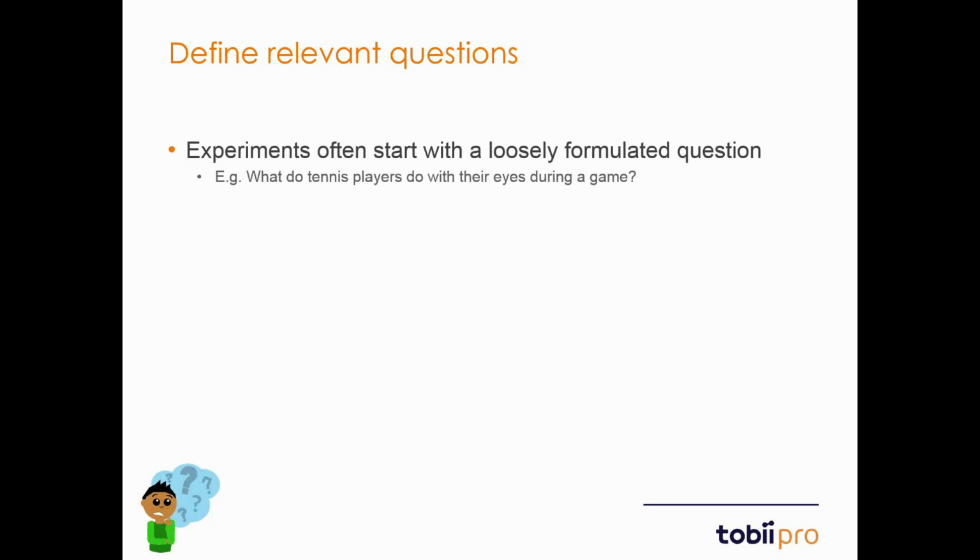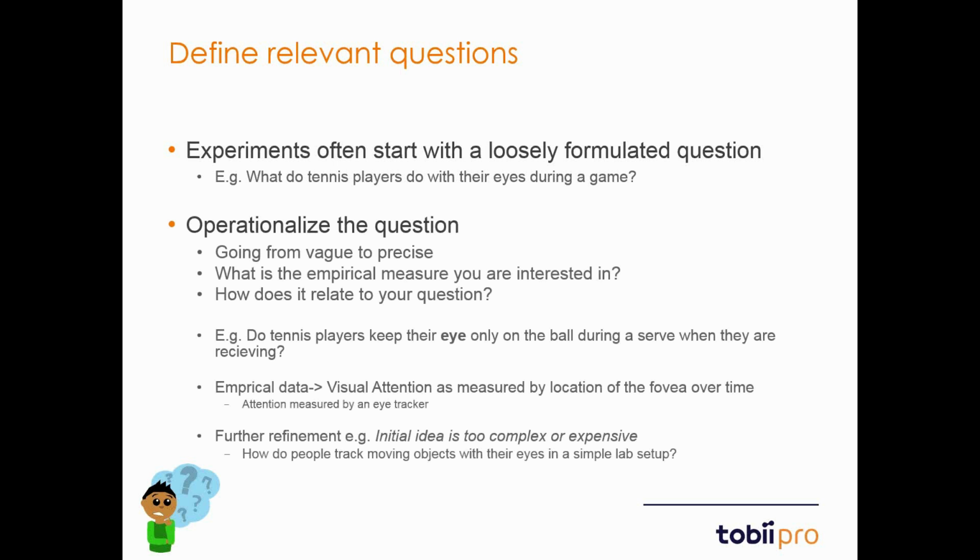Other times it might be motivated by prior research, or some other thing that you'd like to know about, maybe a disease or something like that. But for instance, we might take the example of maybe we're just curious, what do tennis players do with their eyes during a game? Well, that's a pretty general level question, and so if we want to make that into an experiment, we need to zone in a little bit more on what's important.